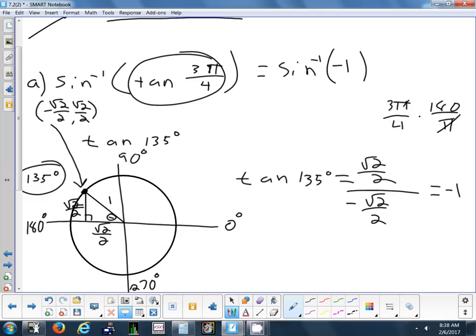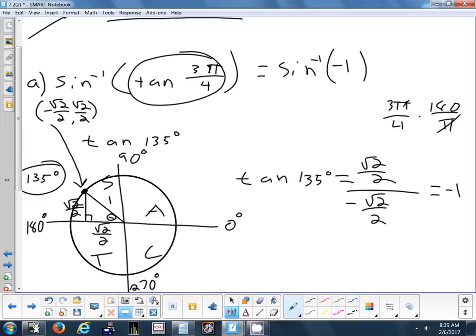So like if somebody asked me, what's tangent of 225, I'd just say 1. It's these two numbers, and it's a negative, negative. If somebody said, what's the tangent of 315? I'd say negative 1. Because it's these two numbers again. One's positive, one's negative. And then if someone said, what's the tangent of 45? I'd say 1. It's these two numbers, and they're both positive. You can also tie that in with the ASTC and figure out what's positive where.